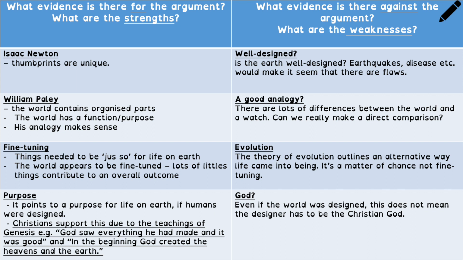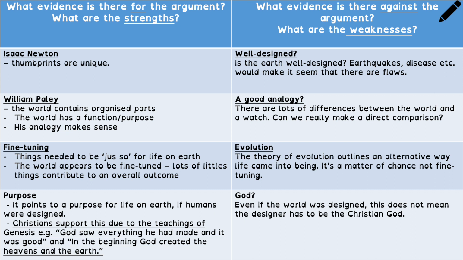Another strength of the design argument is that there are many things which have to be just so for life to exist on Earth. It might be possible that these things came about by chance, but many things do seem to have been organised by a designer so that the world can support life.